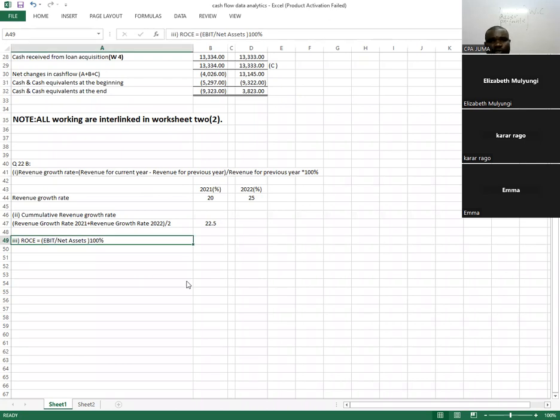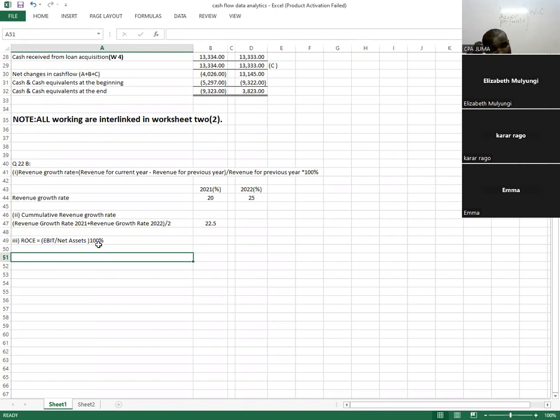I know you are sharp people. These are small issues. EBIT, so check the question. Earnings before interest and tax. Hata iko, umepewa. Check P&L. Hiyo umeita profit before interest and tax is the earnings before interest and tax, which you can see there.